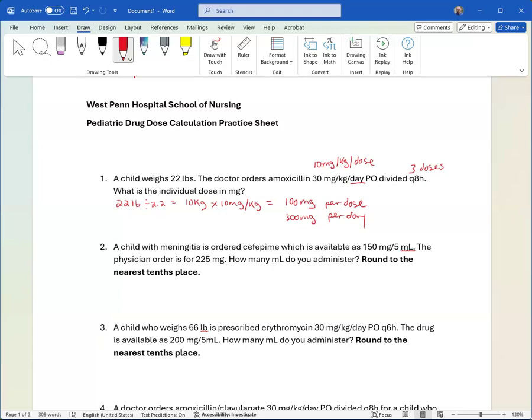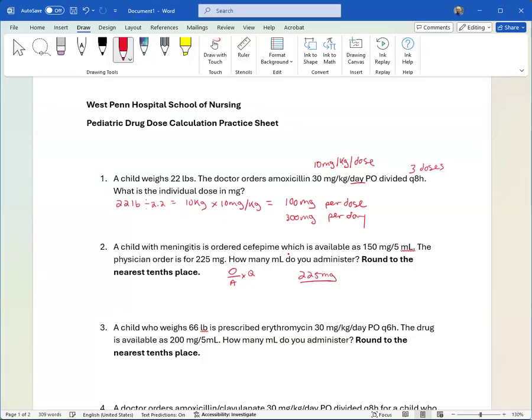So this I'm just going to follow what's called order over available times quantity. This is no different than a traditional adult medication dosage. There's no pediatric tricks to this. Oops, you know what? I started writing the wrong thing. What's my order? That's what I want to start with. Sorry. My order is the 225 milligrams.